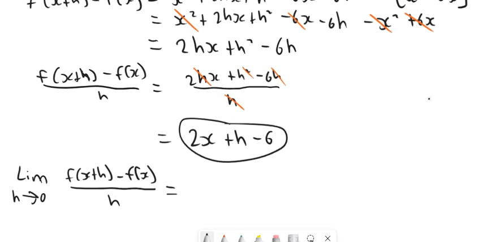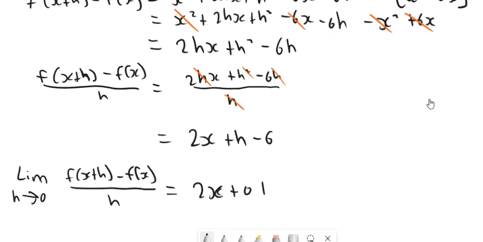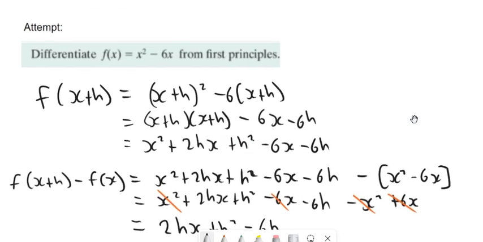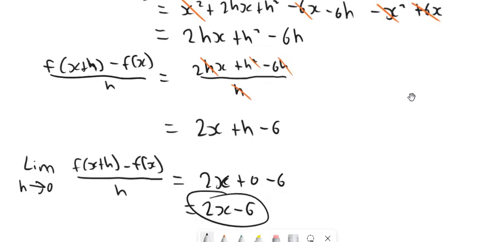It's just a straight linear equation now. So we just get 2x plus 0 minus 6, which is equal to 2x minus 6. So that is the slope of the tangent, and that's the answer, 2x minus 6. And that's it.